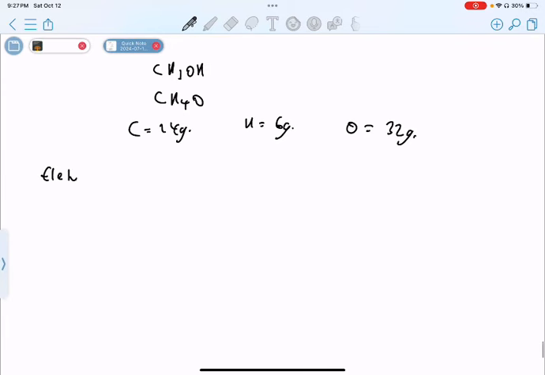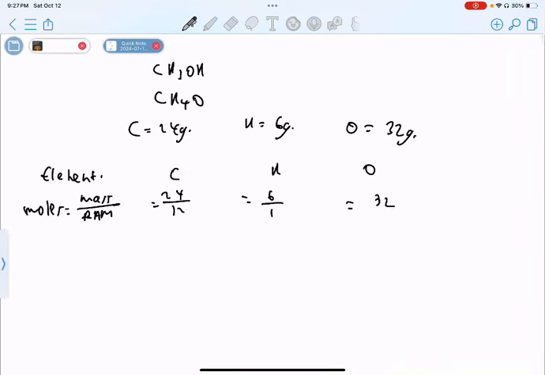So you write all the elements, then you write your moles, and the formula for the moles is the mass over the RAM, because these are atoms only, of single elements. So carbon will be 24 over 12, hydrogen will be 6 over 1, and oxygen will be 32 over 16. You'll get 2, you get 6, you get 2.